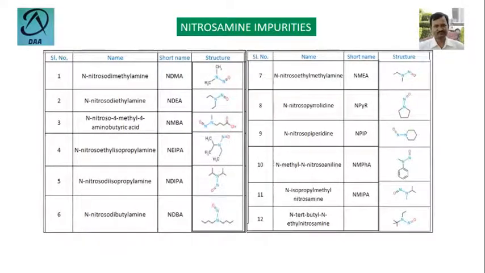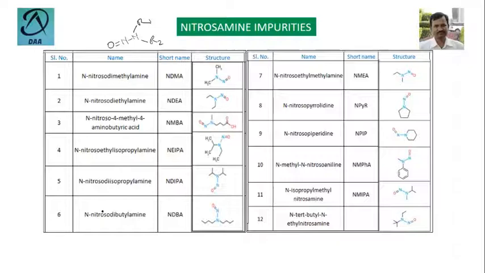Now we'll see the structure of different nitrosamine impurities. Here there are 12 different nitrosamines. Its general formula, if you see, is O double bond N, single bond N, R, R. These may be the same or different depending on the type of nitrosamine.